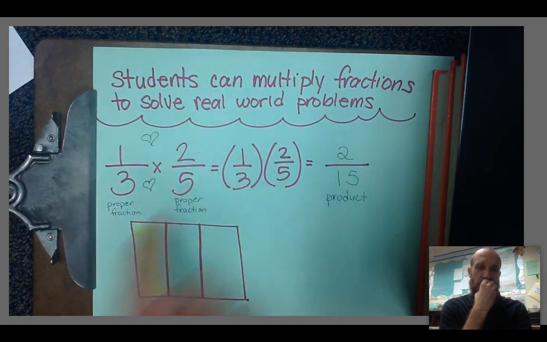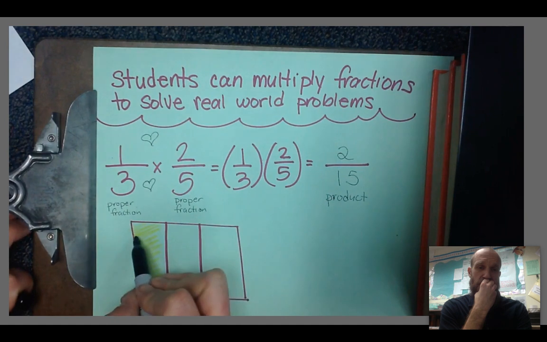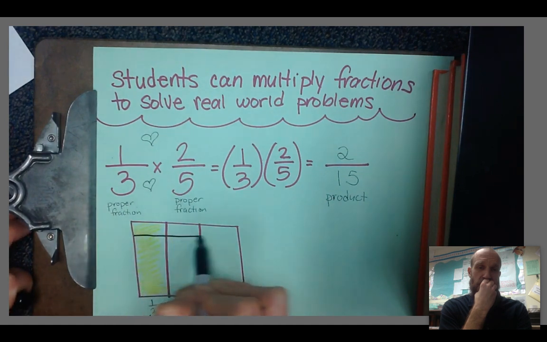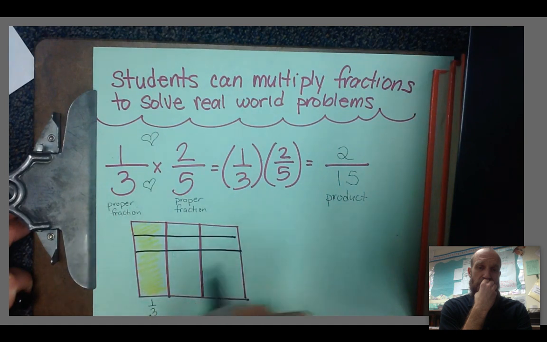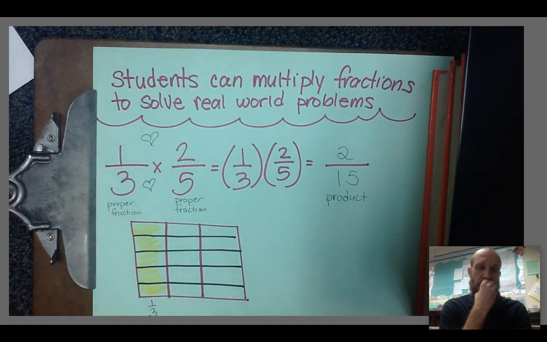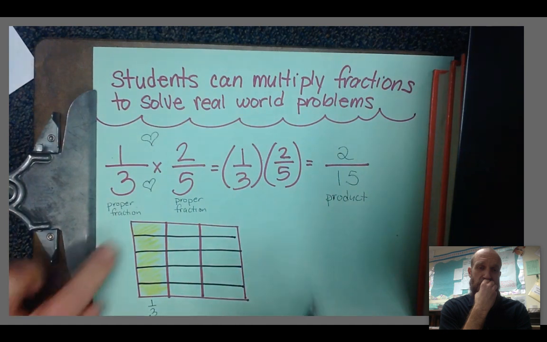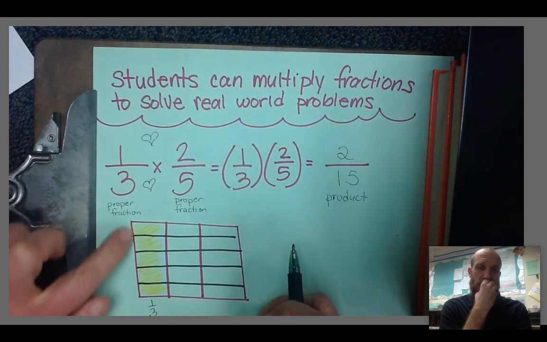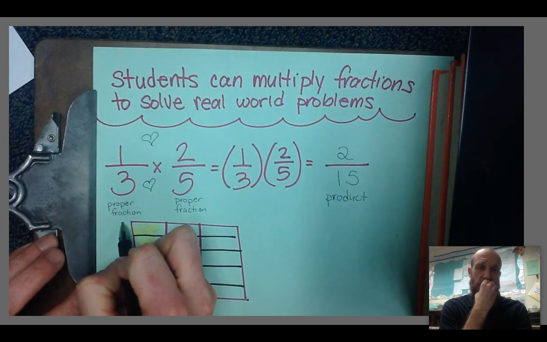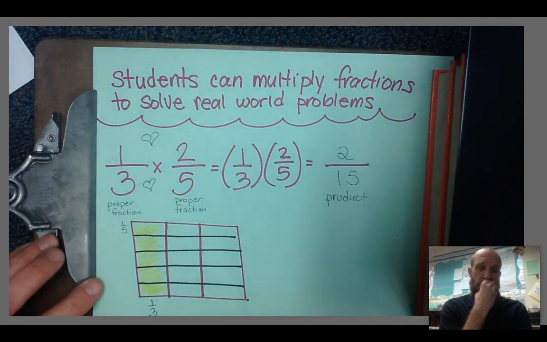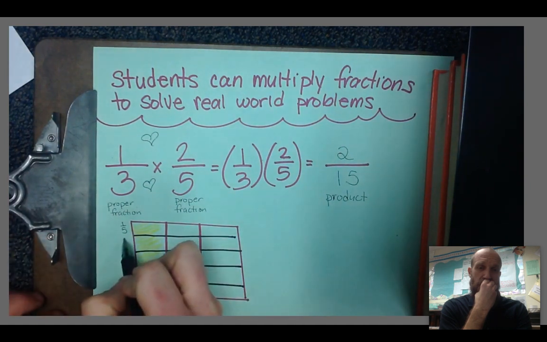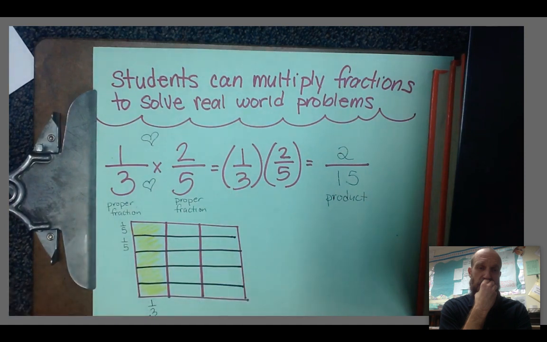Now 2/5 have sprinkles. So I'm going to partition across horizontally into 5 equal parts. Now my rows going across horizontally, I should have 1, 2, 3, 4, 5. So each one of these rows represents a fifth. So 1/5 has sprinkles, and another 1/5 has sprinkles.